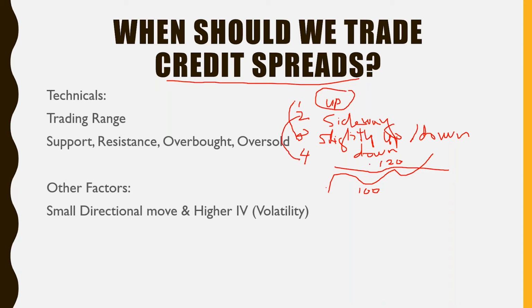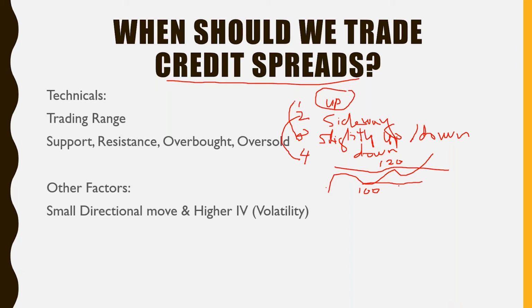Let's say we do a bull put. We only need the stock to go up a little bit, slightly up, or even sideways, or even go down a little bit, as long as it doesn't go below our sale price.